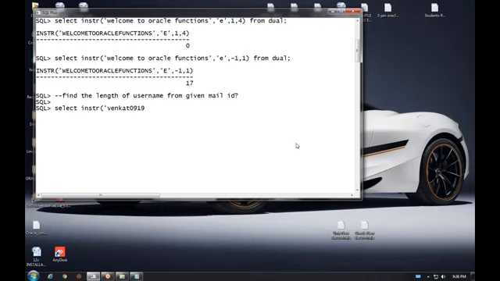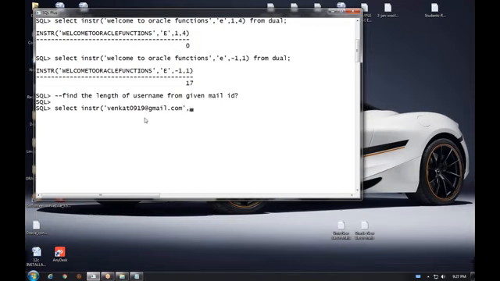Venkat0919@gmail.com. How to calculate the username length? What is the username? Venkat0919, that is the username. See, the username begins from the first position and the username ends before the @ symbol. You need to calculate that.